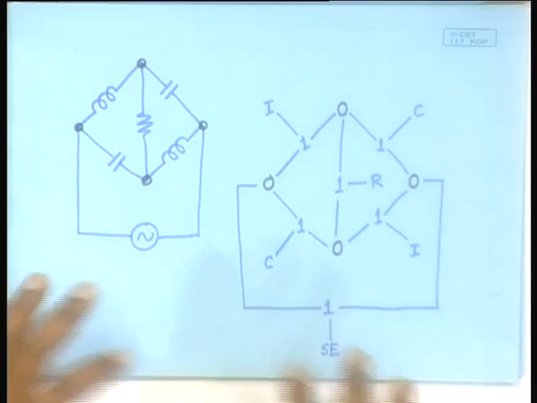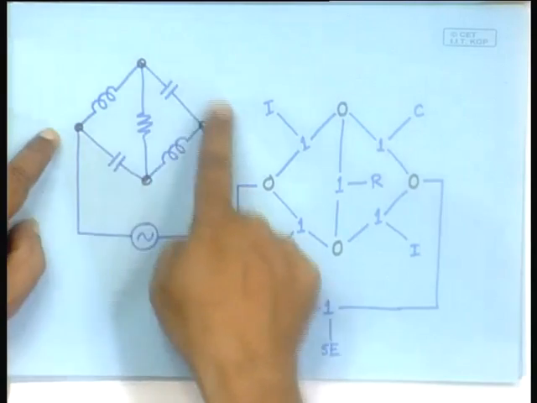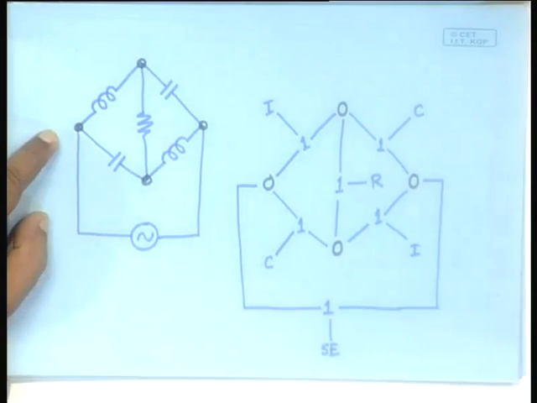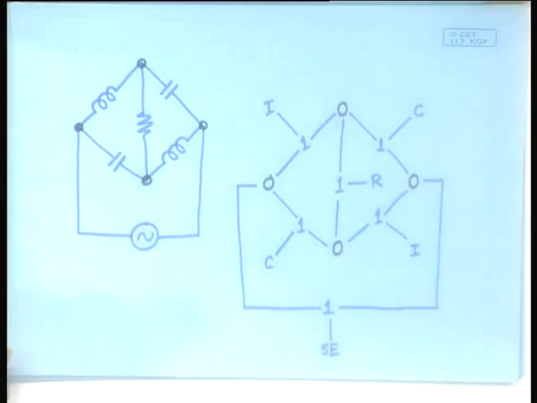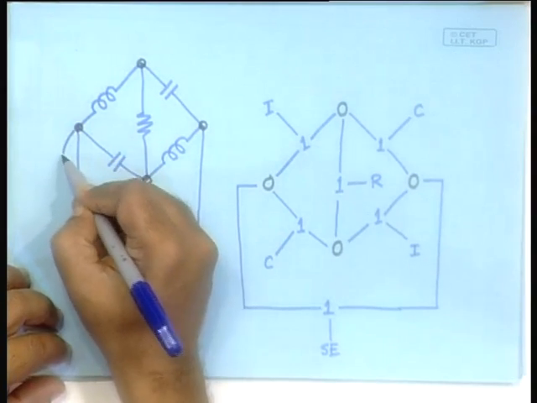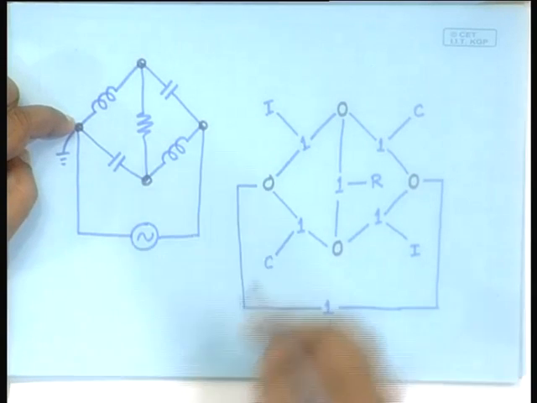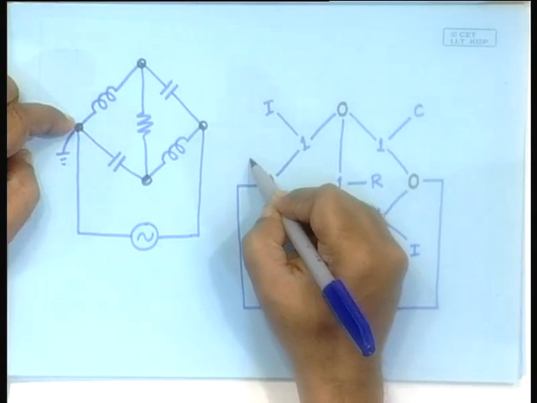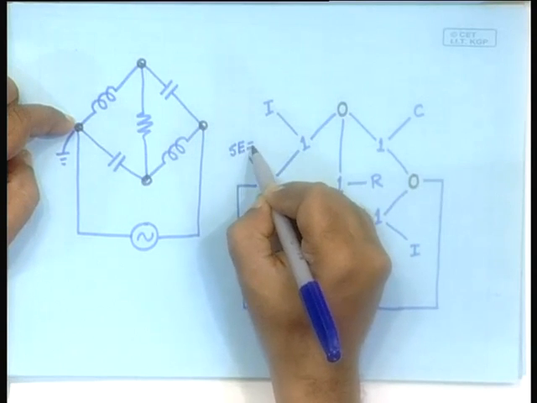Now, we need to reduce this, and the way of reducing would be, as I told you, that out of these different nodes, one would be assumed to be at the 0 potential, grounded. So, let us assume, say, this is grounded. The moment you do that, you will effectively say that here is an SE element connected, which is equal to 0.